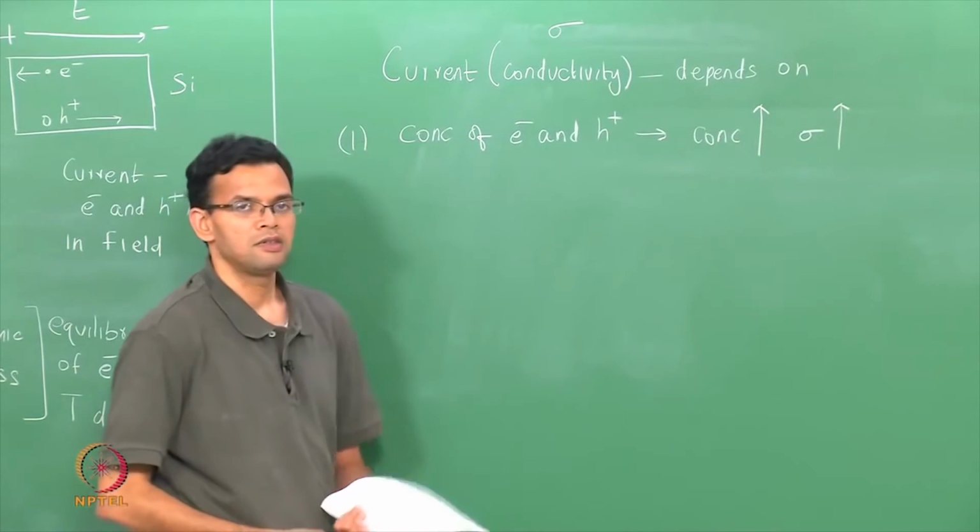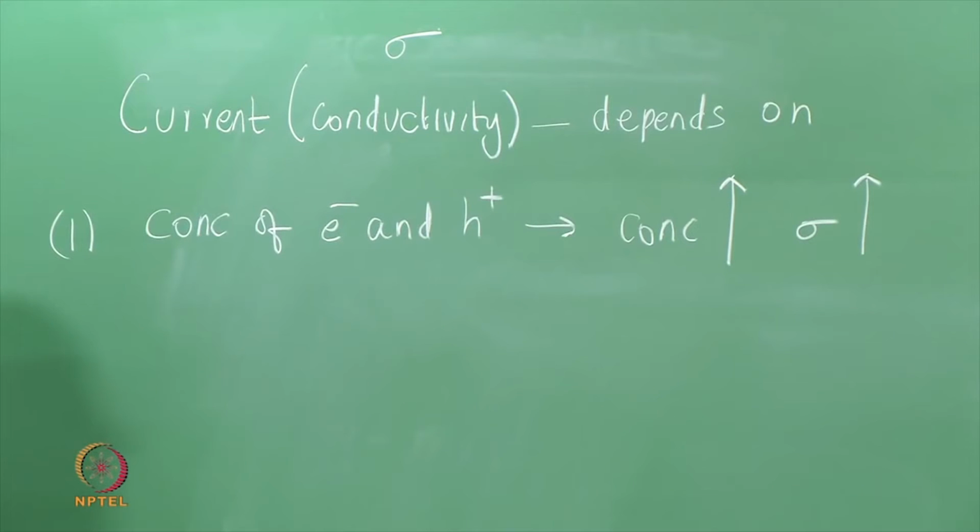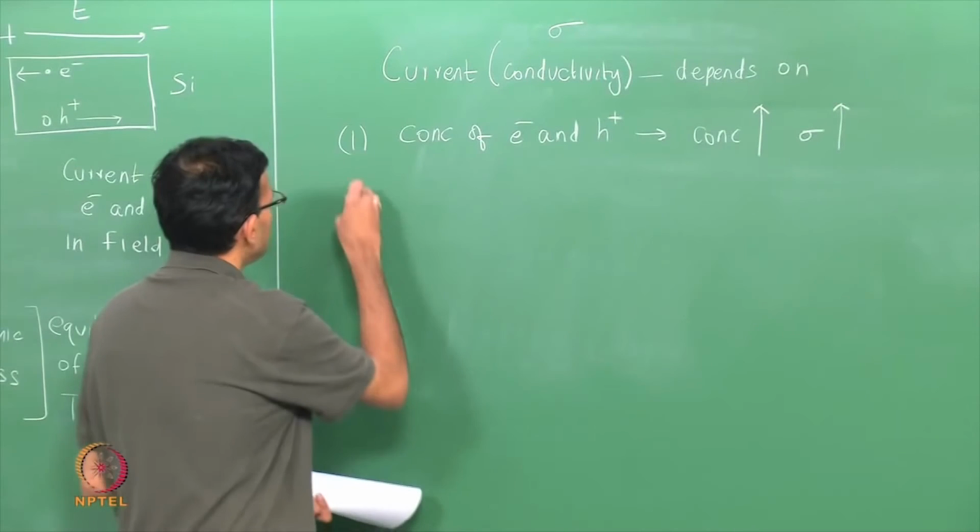The next factor on which the conductivity depends on is how far these electrons and holes can travel before they get scattered by the lattice.